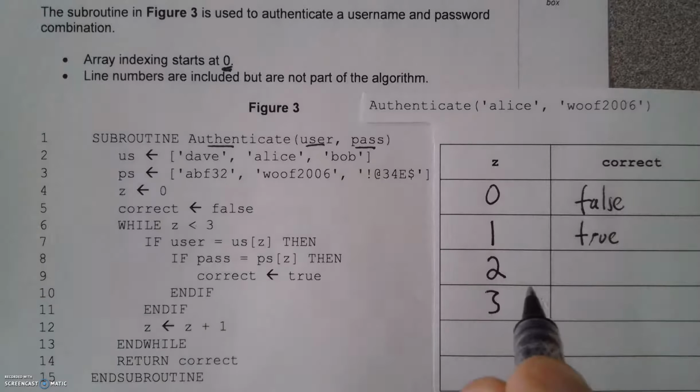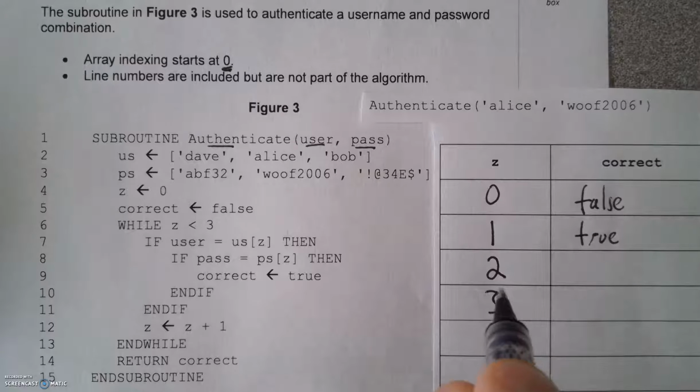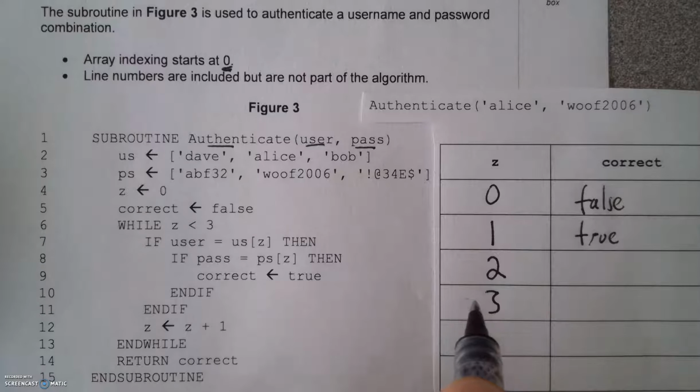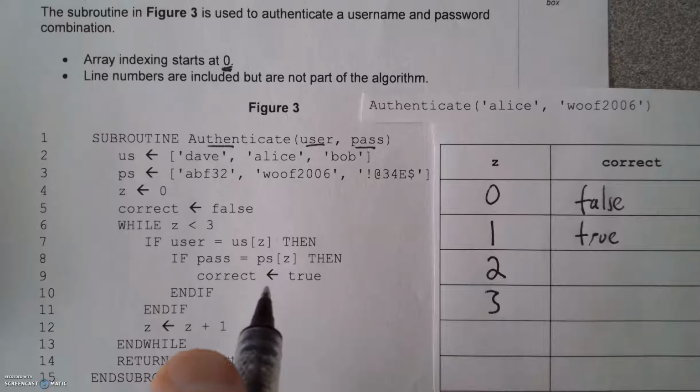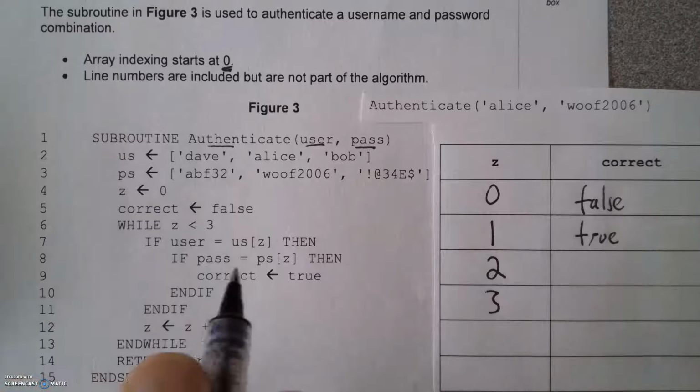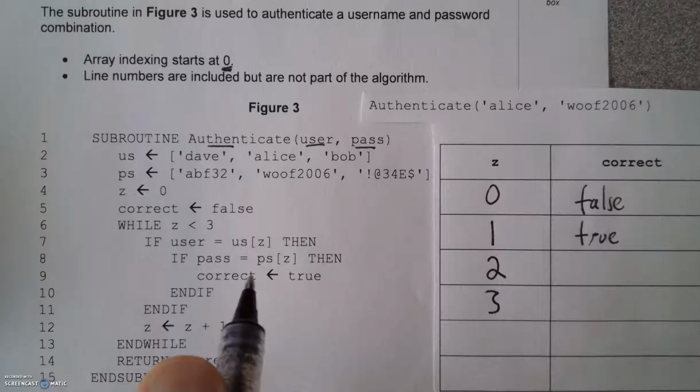Now there are a few more parts to that question, which I might go through some other time. Let's just talk through another question. A programmer implements the subroutine shown in figure 3. He replaces line 9, so this line here, with return true.